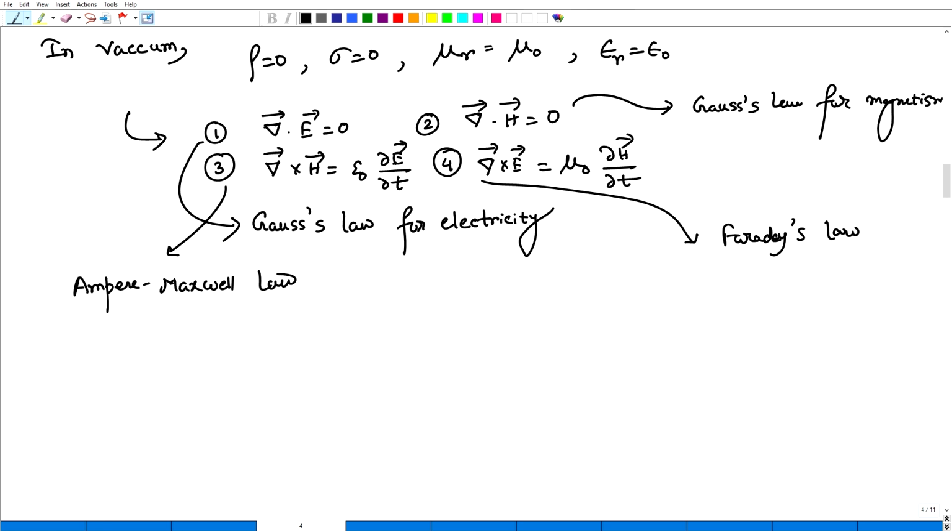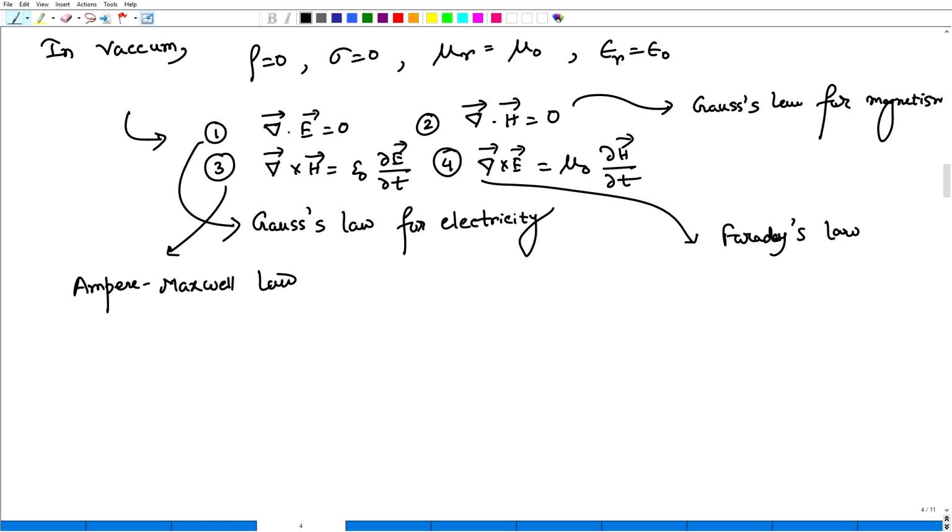Now, we can see there are 2 fields: the electric field, denoted by E, and the magnetic field, denoted by H. From the first and second equations, the divergence of the electric field and magnetic field in vacuum is 0. That means in vacuum the electric field and magnetic field can't be produced automatically.